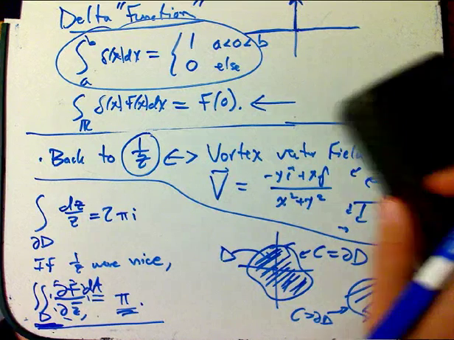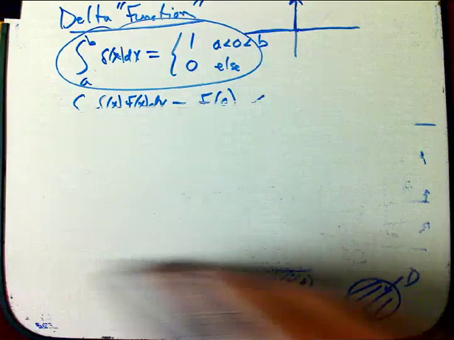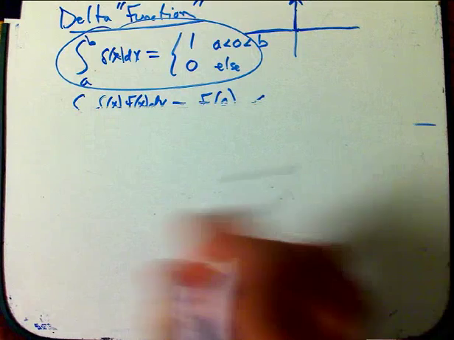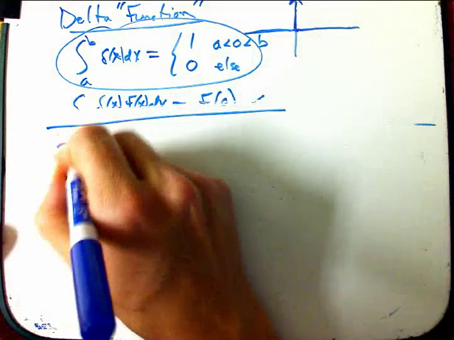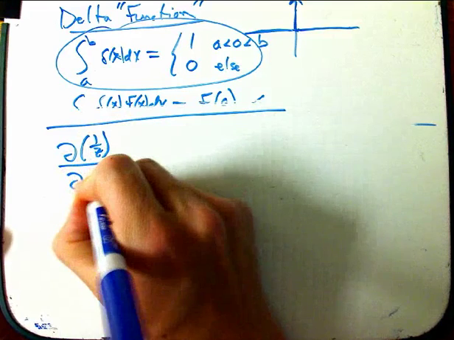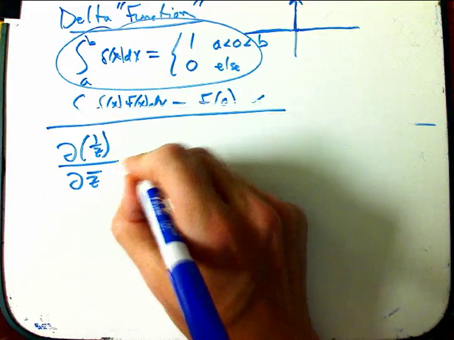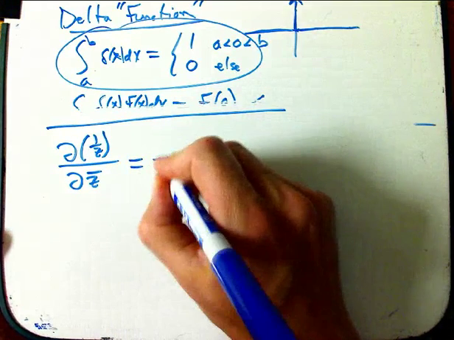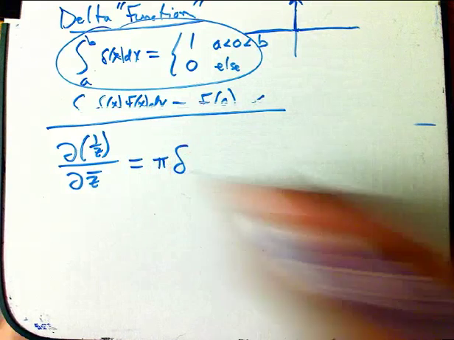So in fact, the punchline is that, in a sense, 1 over z, its derivative by dz bar, is just pi times the delta function.